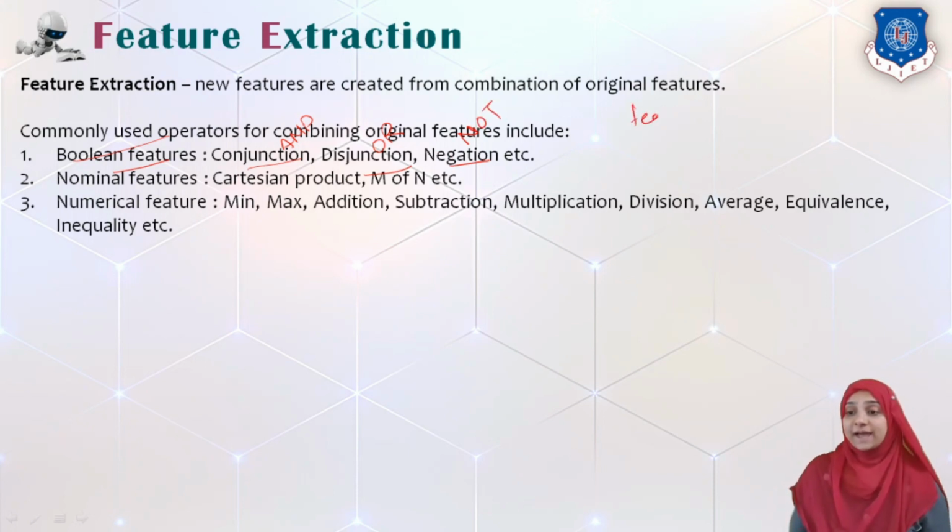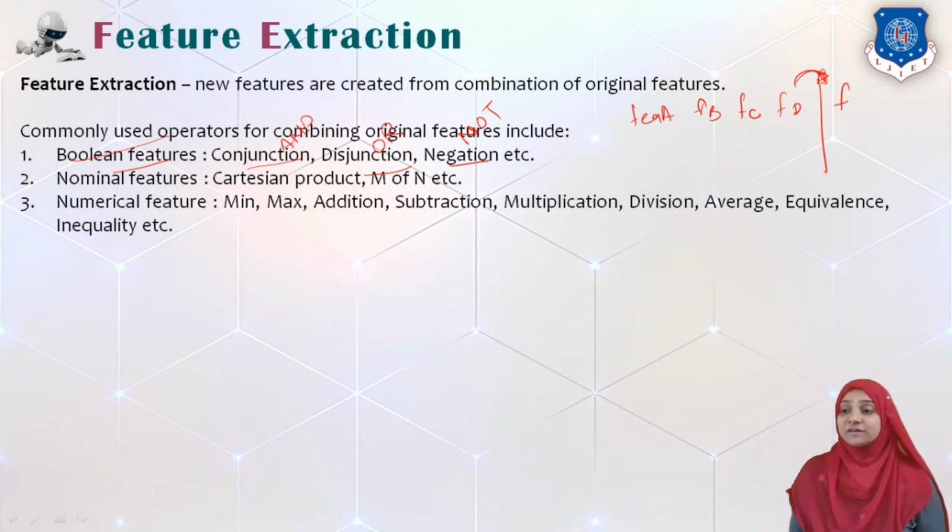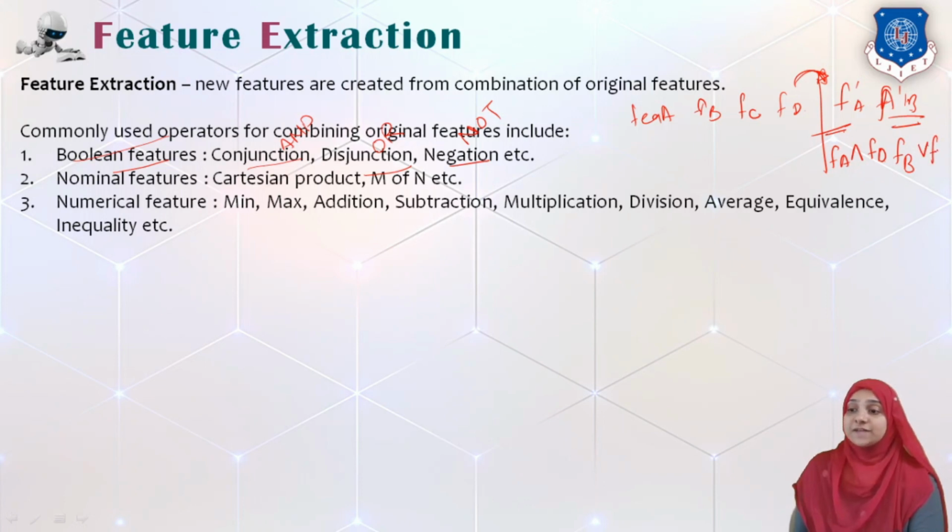Say for example, I have a feature A, feature B, feature C and feature D. So I can extract some set of features, say for example feature A' and feature B'. And this feature A' is calculated as feature A and feature D, for example. And this new feature B' can be calculated as feature B or feature C, say for example.